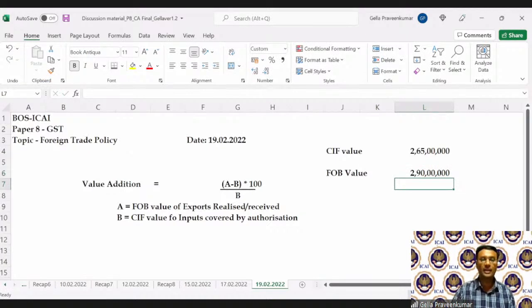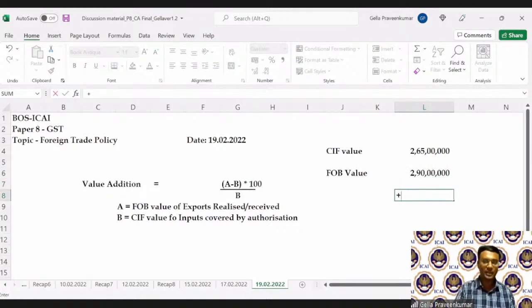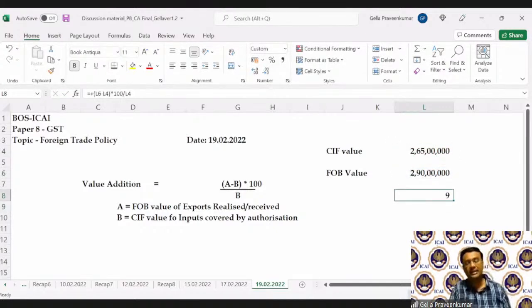Now, applying this formula, what will I do? A minus B into 100 divided by my B, that is 2 crore 65 lakh. I get 9%. So the government says, look, you have brought 100 units, you have consumed 100 units. Where is the value addition? You brought 9%.